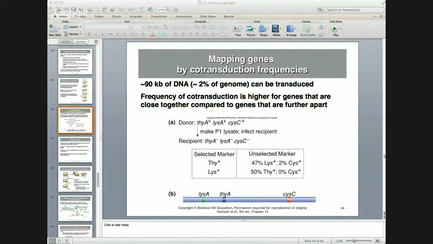This is versus generalized transduction, where any gene could be incorporated and transferred to the recipient strain. But with specialized transduction, only the genes that are adjacent to the prophage would get transferred to the recipient bacteria. This is called specialized transduction.